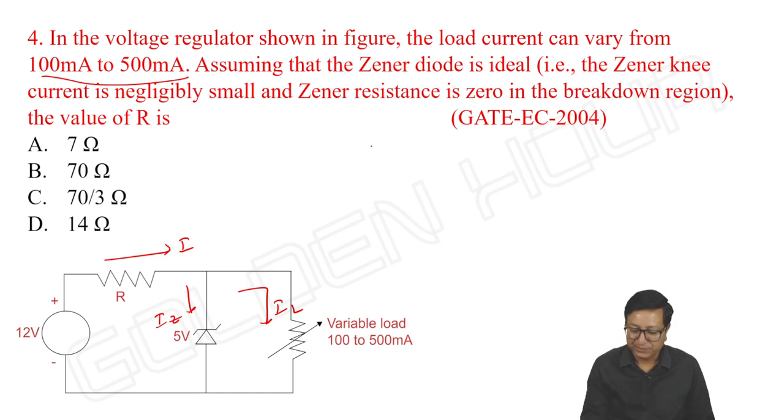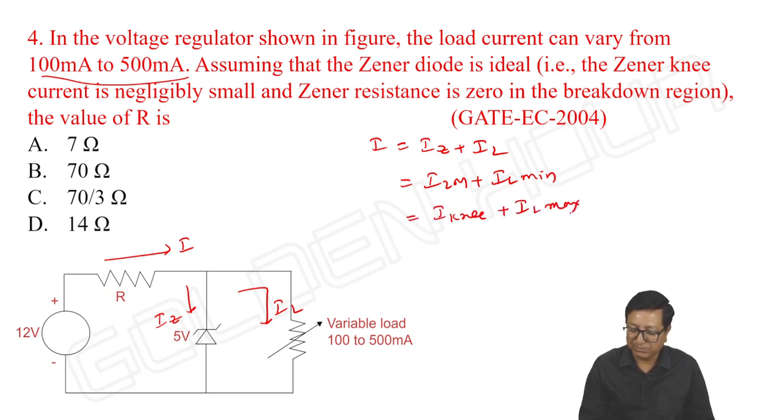We know that I is equal to IZ plus IL, which can be written like IZM plus IL minimum, or it is the knee current plus IL maximum. Which equation can we use to find I? Once I know I, then R is equal to (V in minus VZ) by I.